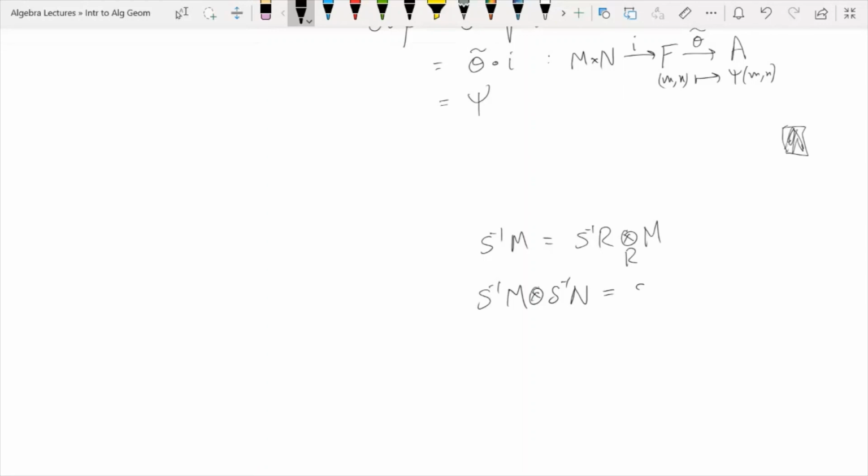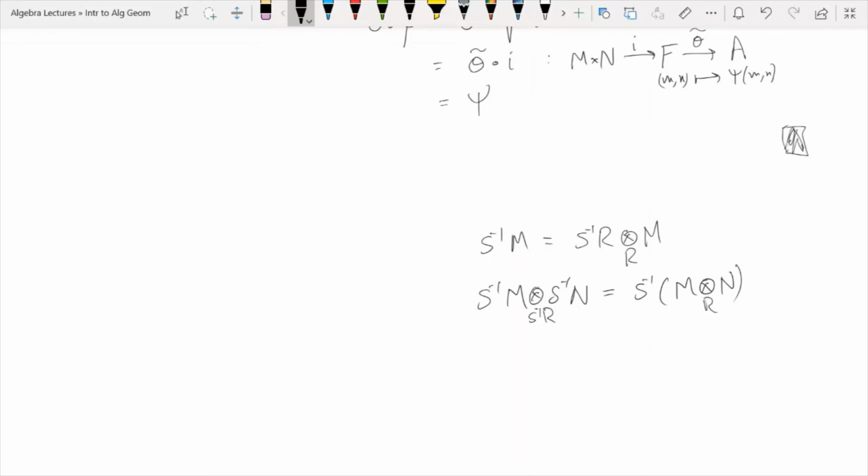So this and some other basic properties which we will see. It follows from one of these basic properties.